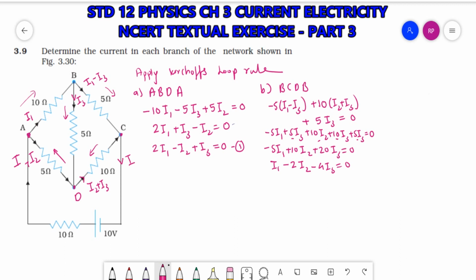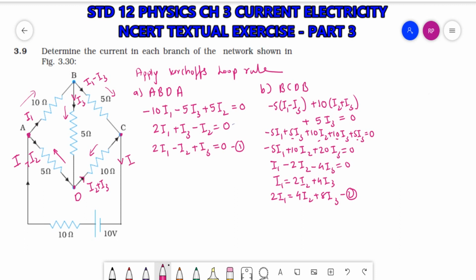Clear? So I1 will be equal to 2I2 plus 4I3. So 2I1 will be equal to 4I2 plus 8I3. Let's name this as equation 2.